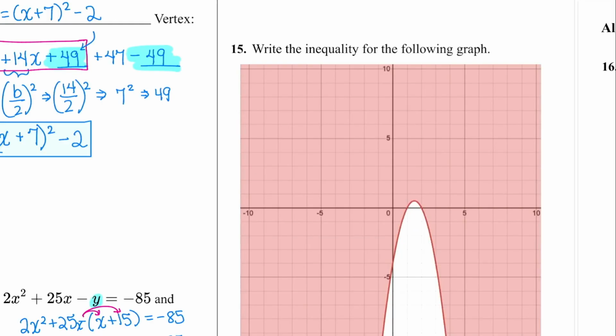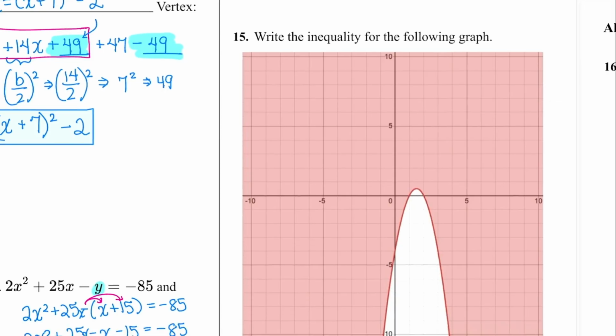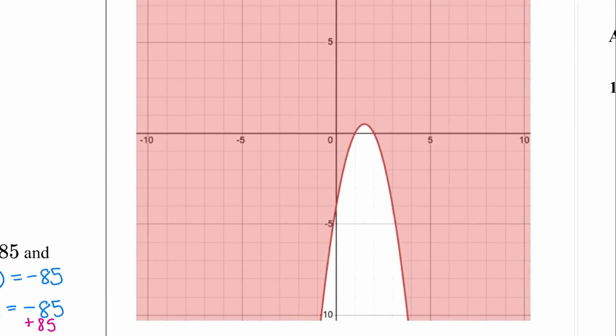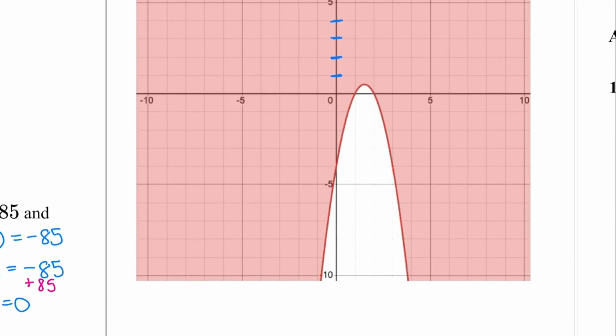Number 15, write the inequality for the following graph. The vertex looks a little bit hard to see here, and it's in between a few numbers because these are all a scale of 1. So it doesn't seem like this will be easiest to write it in vertex form, but there are some other things that we can point out here.